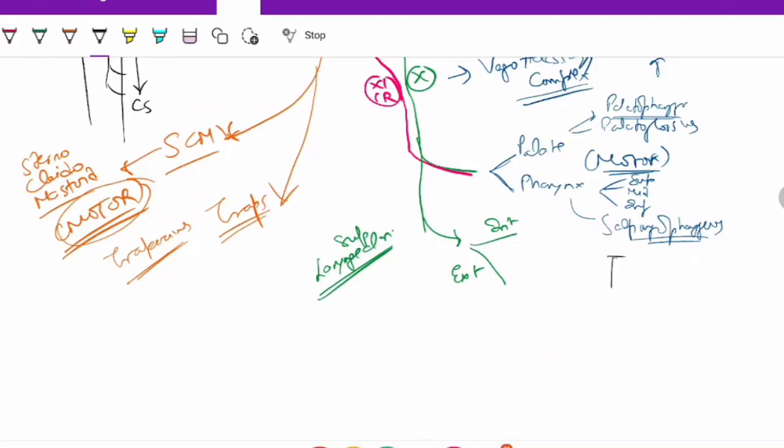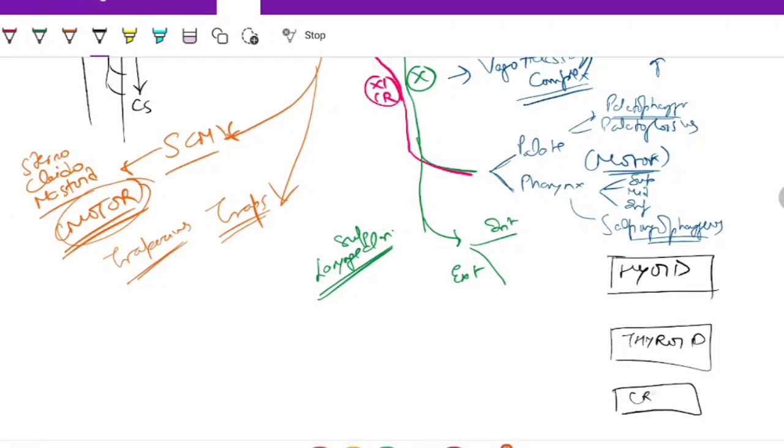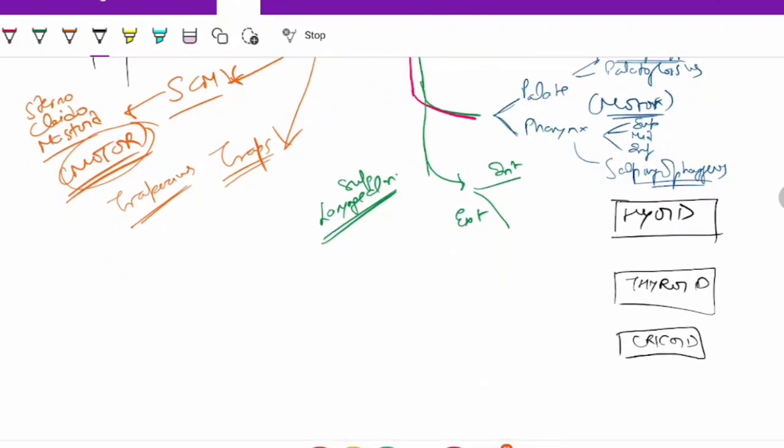So we will see. There is your bone named the hyoid. Then you have a structure known as thyroid cartilage, and then there is another structure known as cricoid cartilage. So what is the relation of hyoid, thyroid and cricoid to these two nerves?